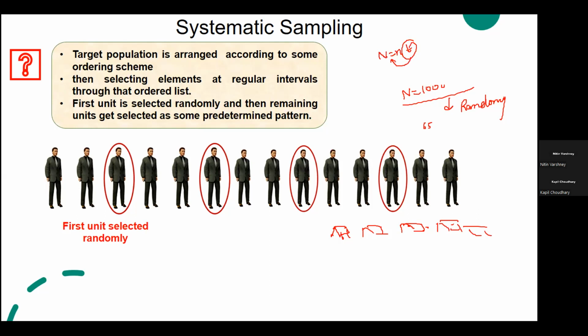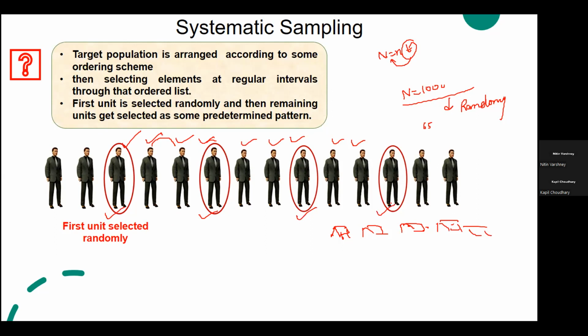Suppose now every third unit, for example, this is our randomly selected unit, and every third unit, first, second, third, is selected automatically by some predetermined pattern. So this is my first sample, second sample, third sample, fourth sample. So this is called systematic sampling.